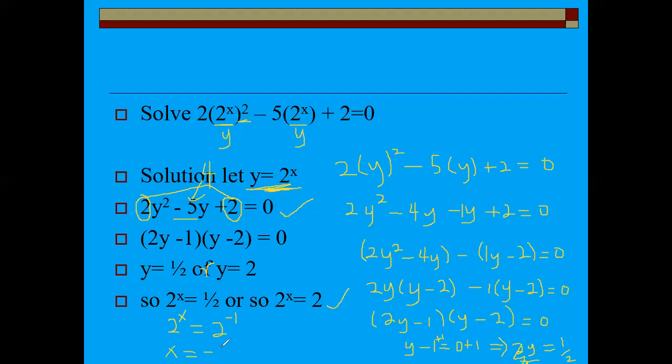Since we have the same base, 2 raised to the power x equals 2 is the same as 2 raised to the power x equals 2 raised to the power 1. So here our x is equal to 1. That is how we get the value for x.